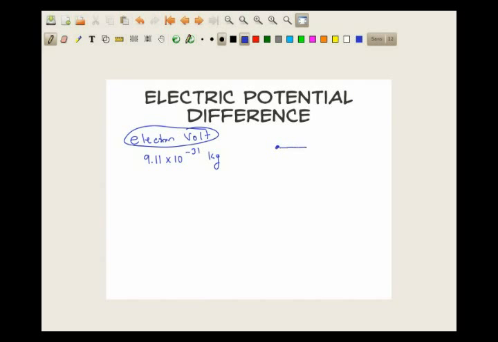So let us imagine that I have 2 points, A and B. I have a charge, Q, which is equal to the elementary charge, 1.6 times 10 to the minus 19th coulombs, and it moves between point A and B. The energy that is gained by the charge when it moves through an electric potential difference, delta VAB, which is just V, which is 1 volt, that is going to be equal to 1 electron-Volt.